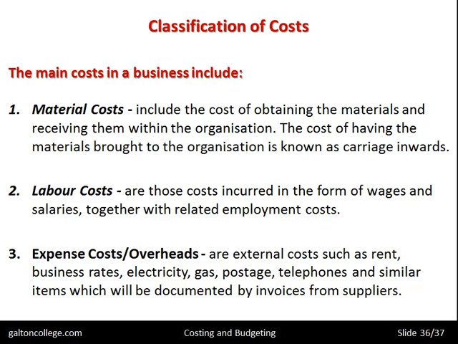It could be, in a more sophisticated manner, they use something called ABC costing, activity-based costing, in which they try to look at the activities of the business and try to assign the costs to the various activities.